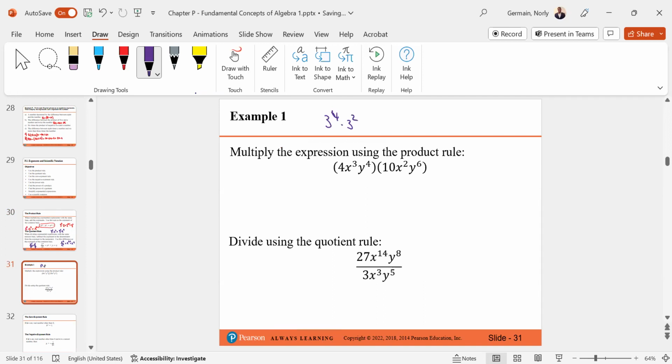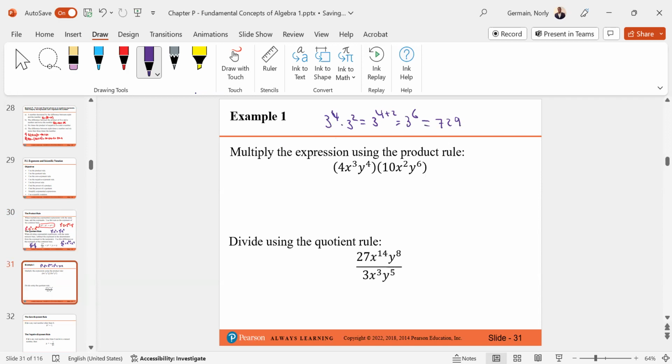What would that be? Because the bases are the same, you can do 3 power 4 plus 2, which is 3 power 6. So you grab your calculator and you do 3 power 6, all right? I believe that should give you 729.